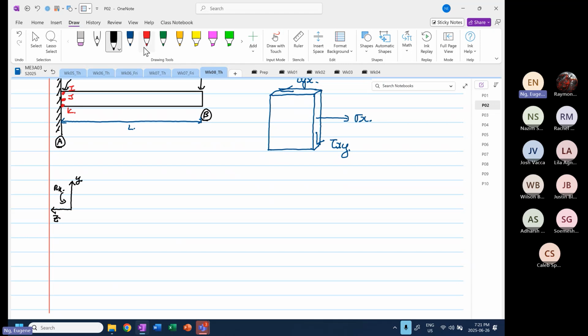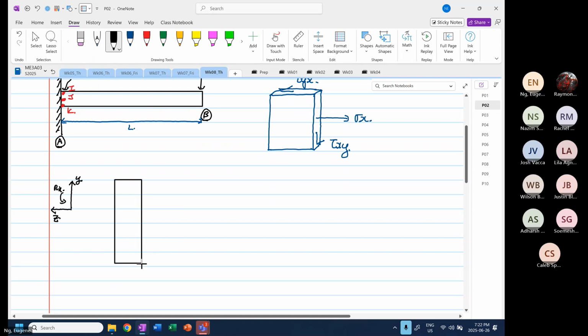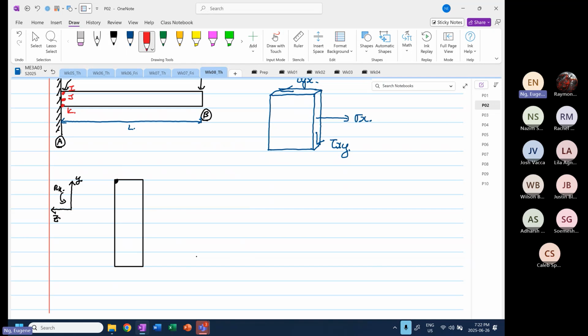So I'm going to draw this cross-sectional view. I will say that this is our point over here. I'm going to use red. This is our point I. Over here, this is our point J. Over here, this is our point K.